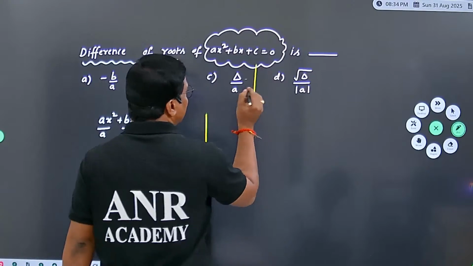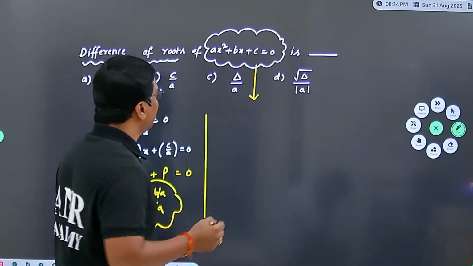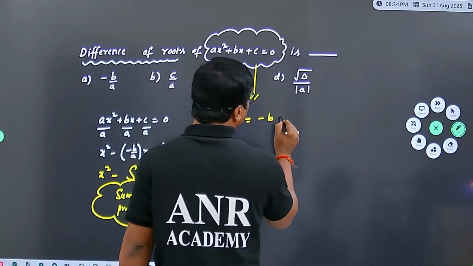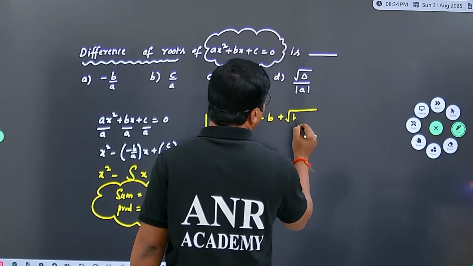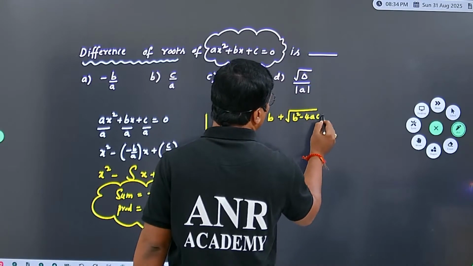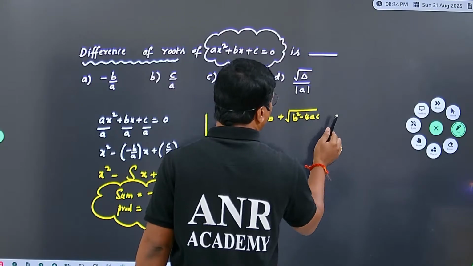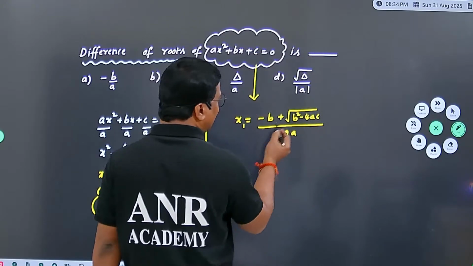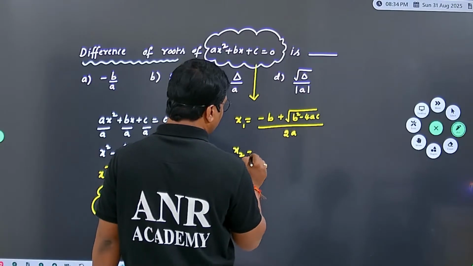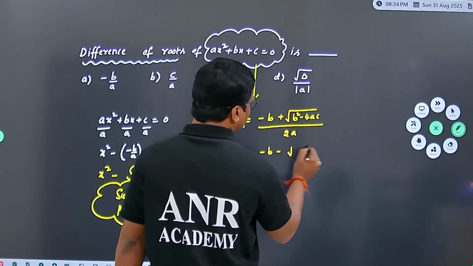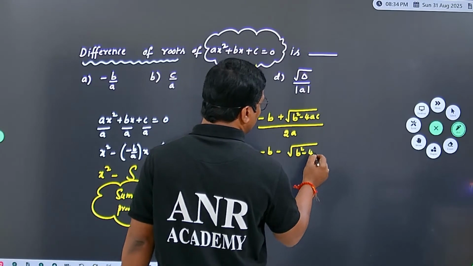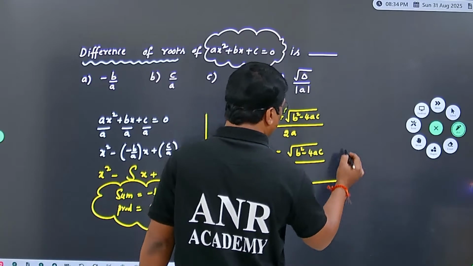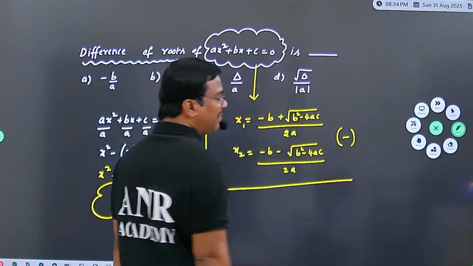If a general second degree equation is given, then the roots are minus b plus or minus root over b square minus 4ac, divided by 2a. x1, one root, is with the plus sign and the other root is minus b minus root over b square minus 4ac, whole divided by 2a. Here in the question, the difference between the roots.